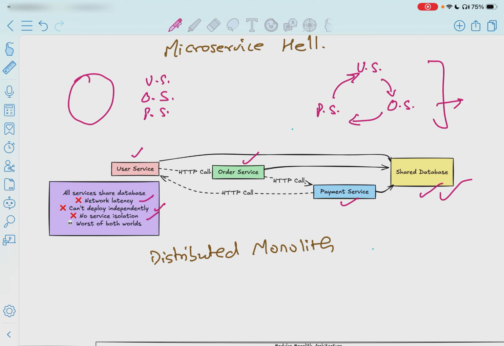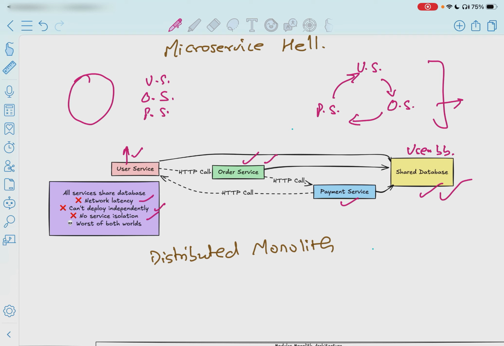If you want to deploy user service alone, you cannot, right? Because order service depends upon user service schema. Or let's say we have the user database in our shared database, and order service can also update the user database, and user service can also update the user database.